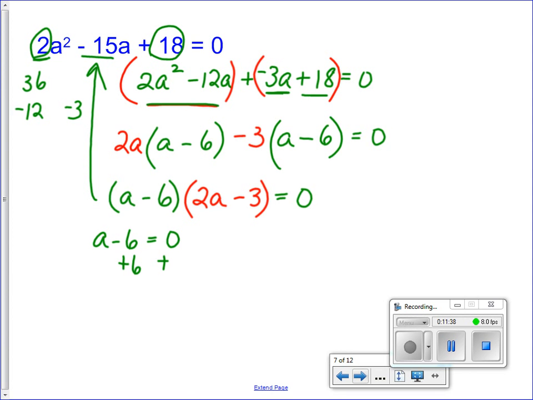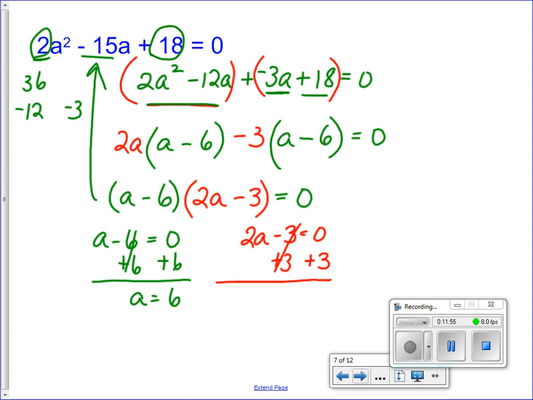Adding 6 to each side, we get a equals 6. And in our second equation, taking 2a minus 3 equal to 0, we'll add 3 first to get 2a equals 3, and then divide by 2 so that we get a equals 3 halves.